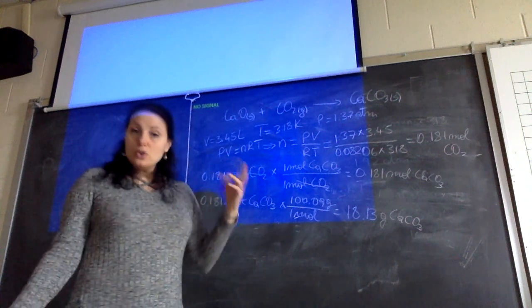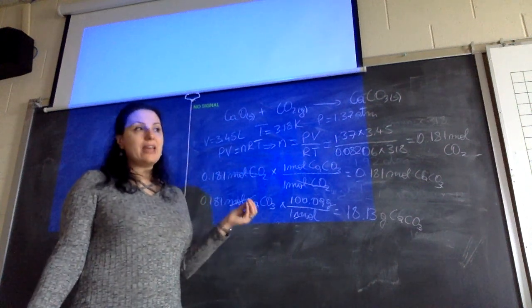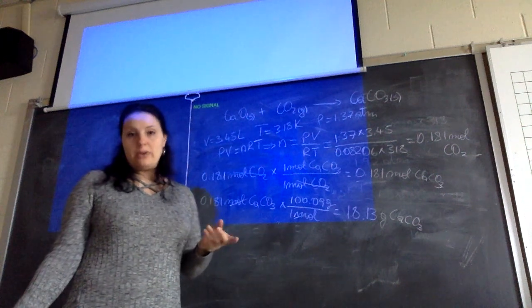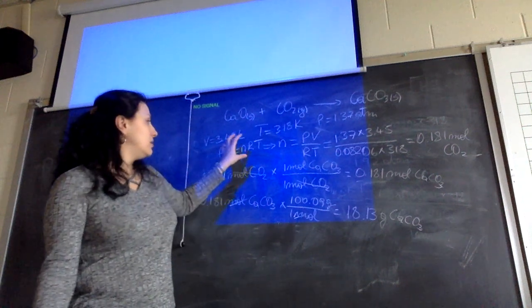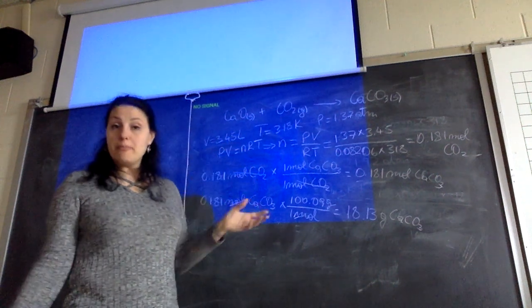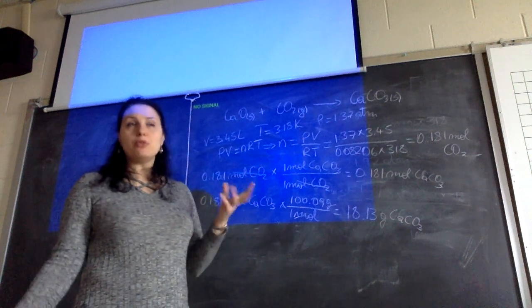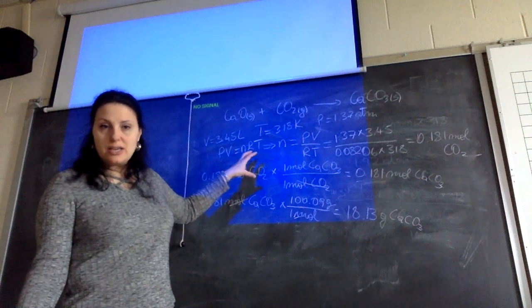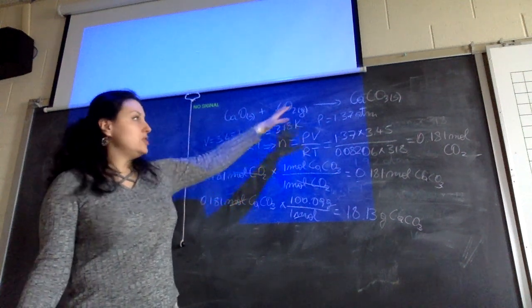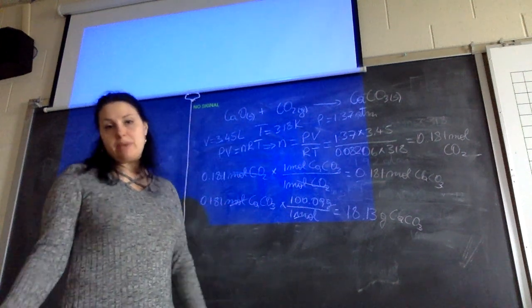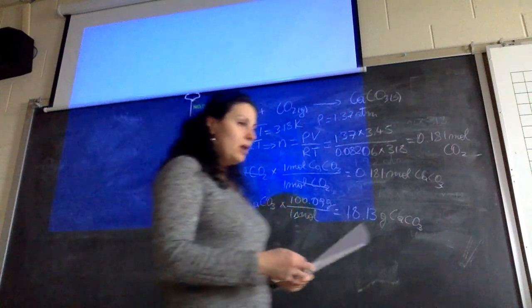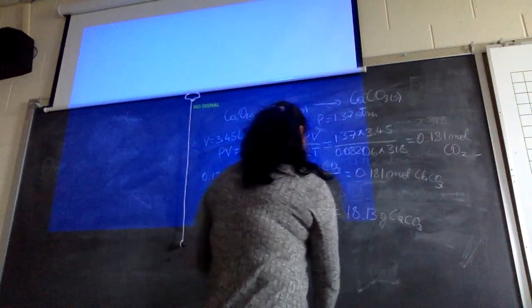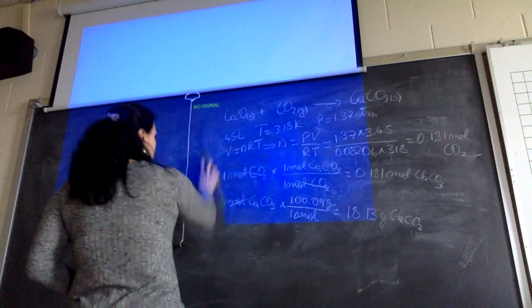But you can do this when you have a gas as part of a chemical reaction. You can figure out the number of moles of that gas by using PV equals nRT, and then you can do stoichiometry with that amount of moles. Okay, so let's look at the last problem that we're going to do in lecture.